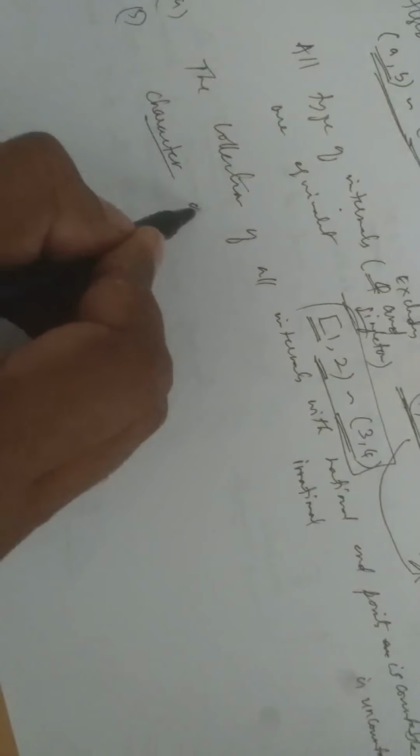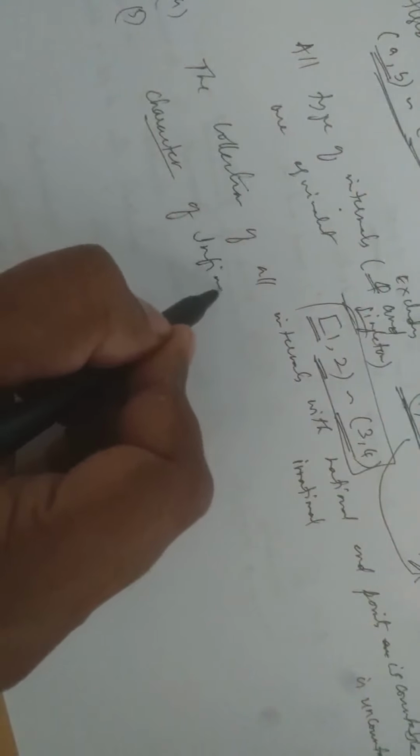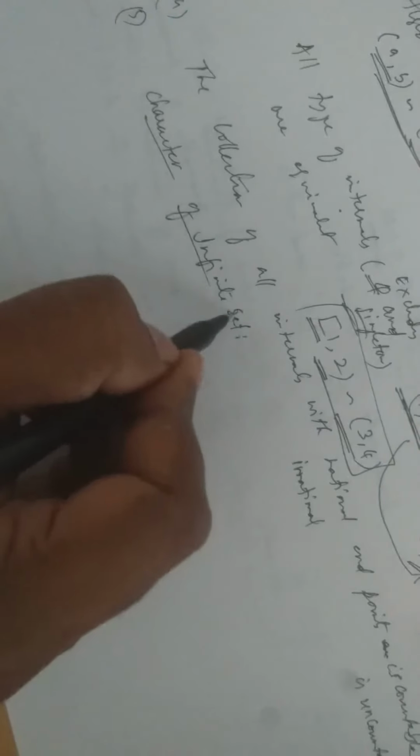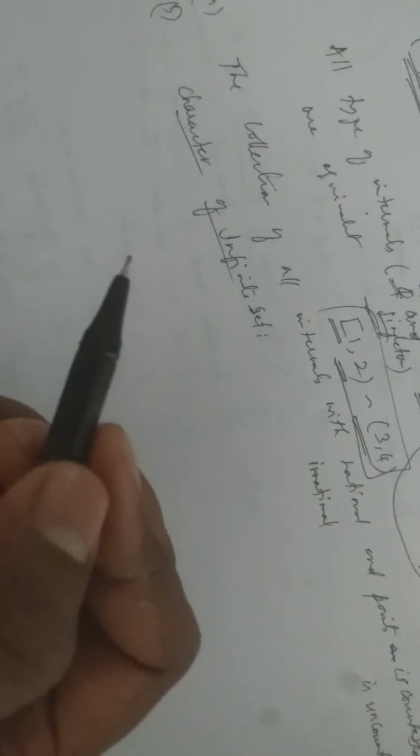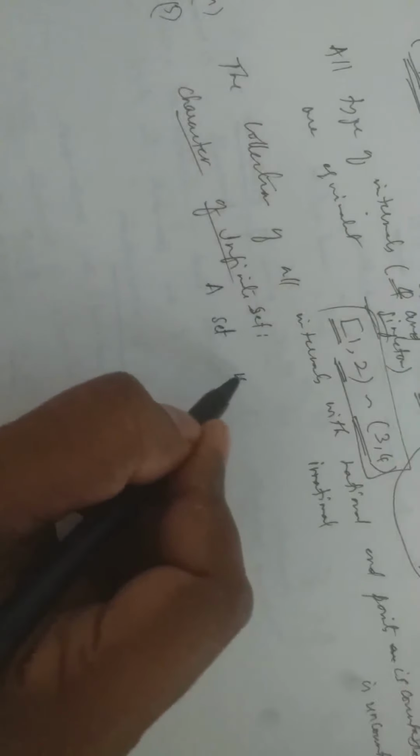Then we can move on to the characterization of infinite sets. See, the characterization of an infinite set is: a set is infinite if and only if it is equivalent to a proper subset of itself.